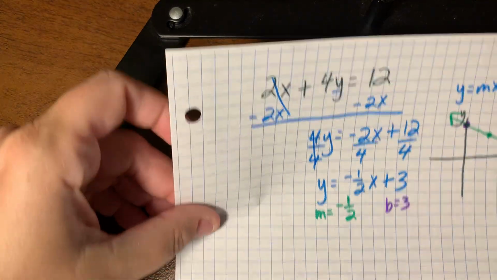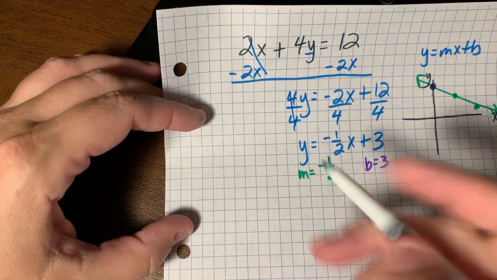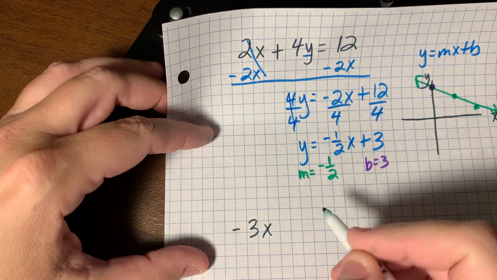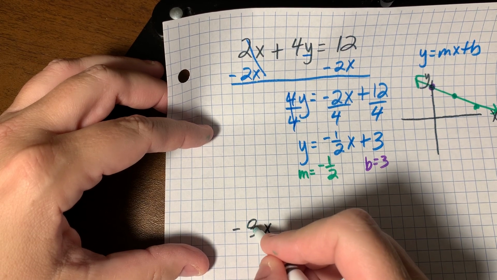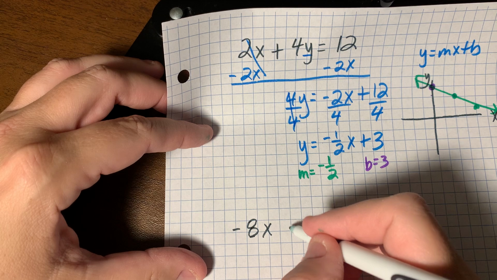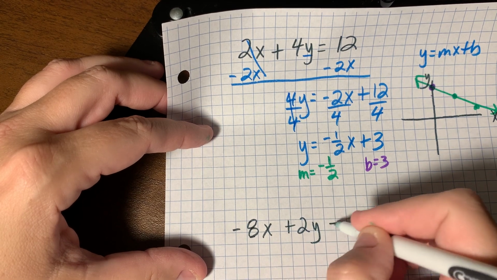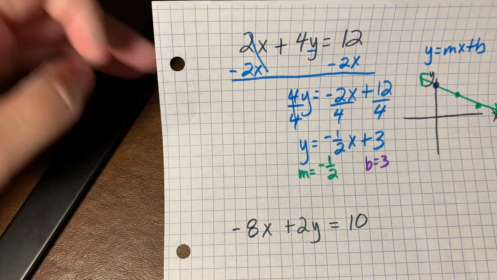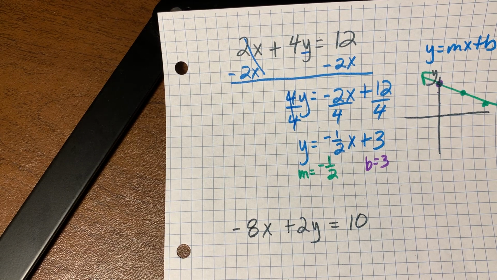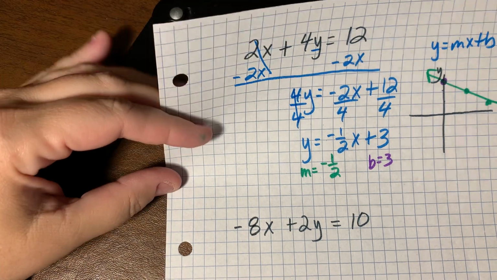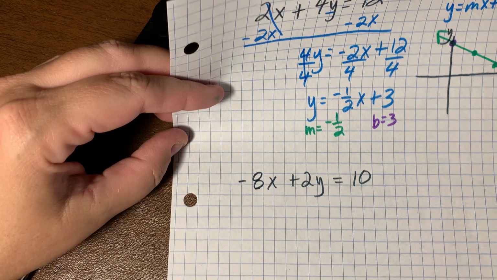You take a minute and see if you can graph negative 8x plus 2y equals 10. Pause the video, see if you can isolate y in this equation and graph it. Okay, hopefully you've had a minute here to try this.